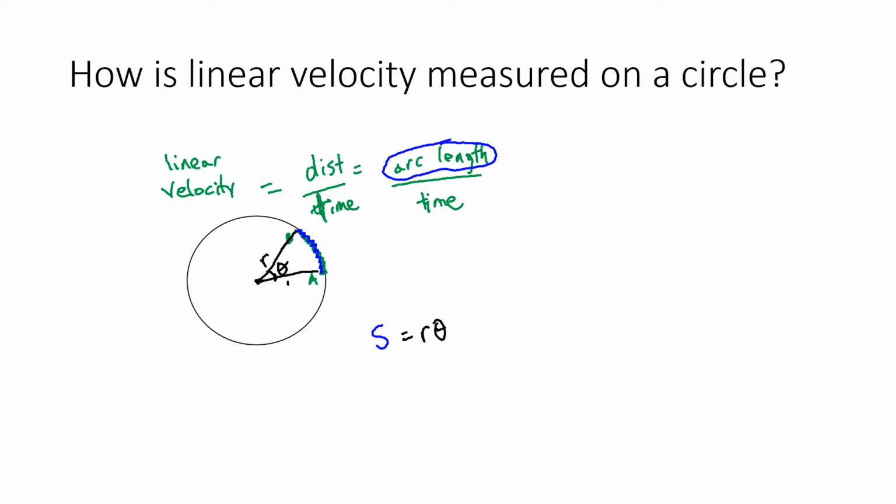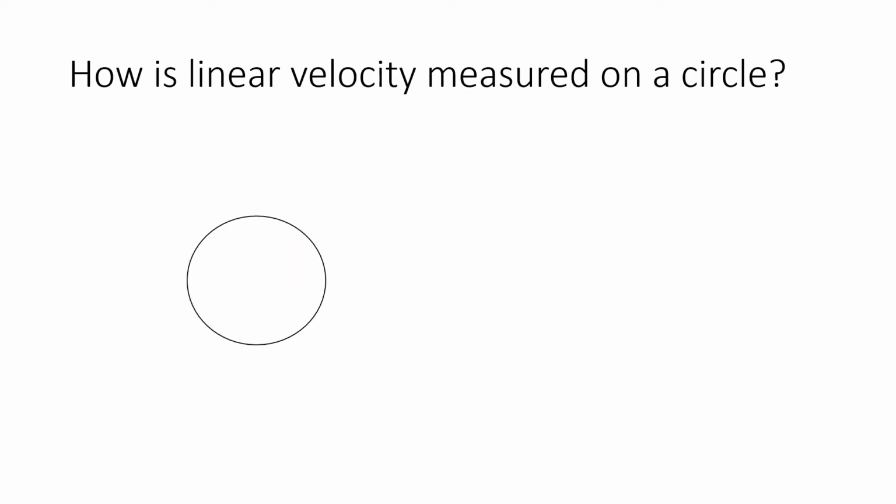So this would be r and that would be r. So if we replace that in our formula, then our formula would say r times theta, because that's the same as the arc length, divided by the time. We'll just replace that with t. So if we wanted a formula for our linear velocity, we could say that linear velocity can be represented by the radius times theta over time.